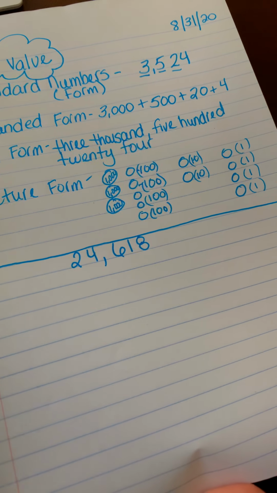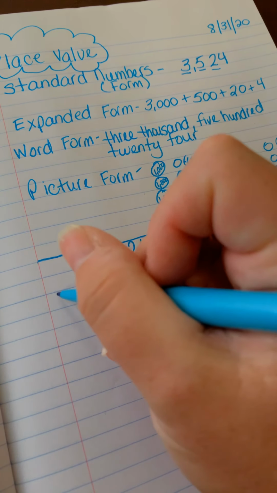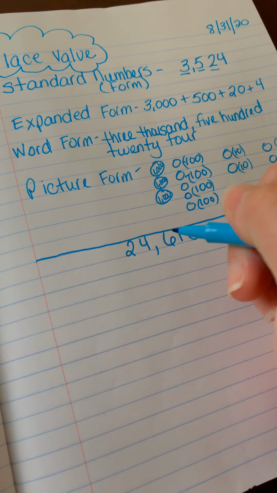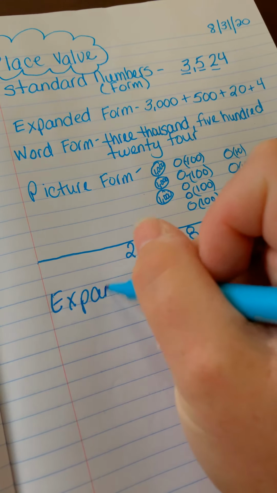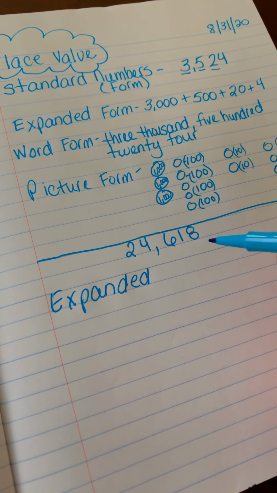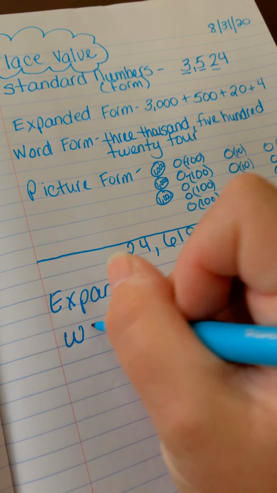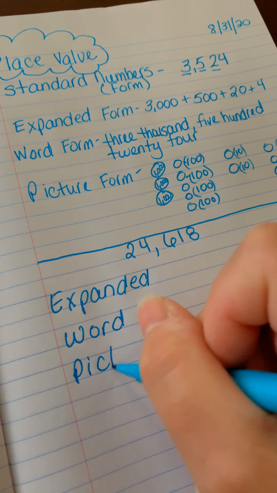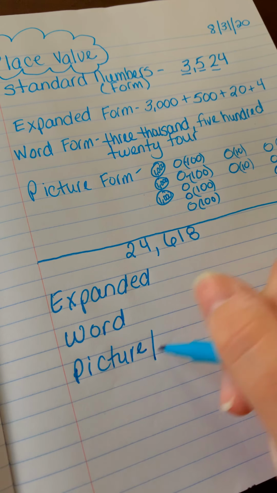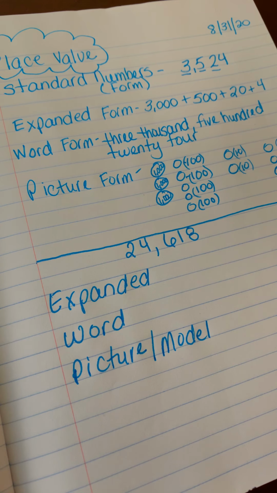Now we're going to practice. We are going to write this number in standard form, which it already is, expanded form, word form, and then we're going to try to do some kind of picture or model to show that we know the value or how to represent that number.